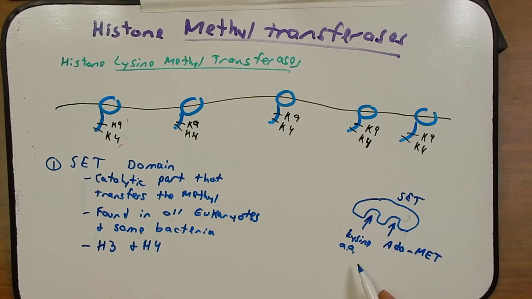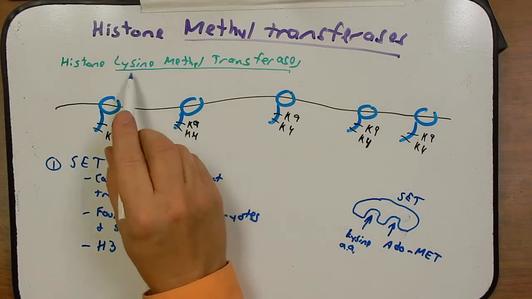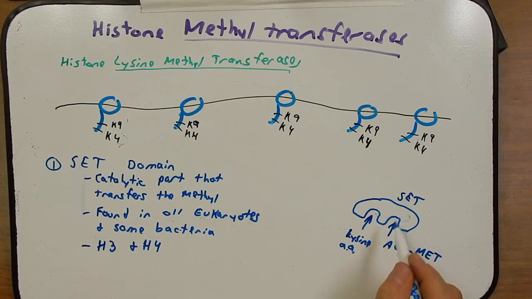Just like we saw with the acetyl-CoA being close to the lysine in the histone acetyltransferases, in these SET domains found in these lysine methyltransferases we have the molecule that's going to be added to the lysine right next door to it. This increases the possibility of being able to transfer this methyl to this lysine. It lowers that activation energy.